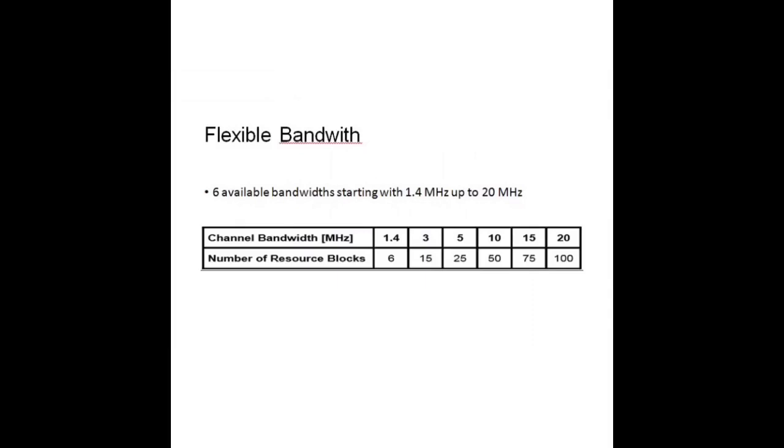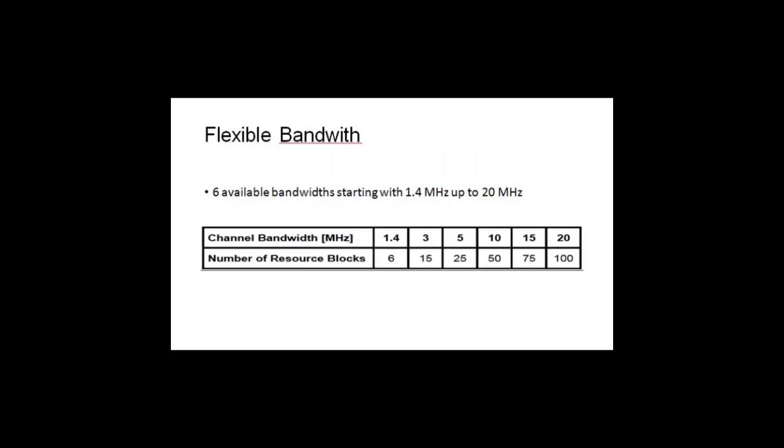OFDM enables operators to deploy LTE in different regions with different frequency bands and bandwidth available. In fact, we have 6 available bandwidths starting with 1.4 MHz up to 20 MHz.